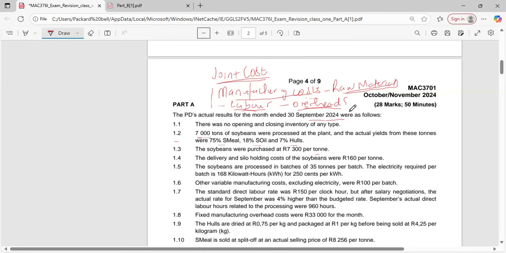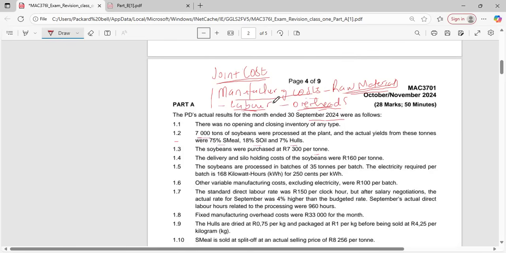Sometimes if you check in our notes, where we say conversion cost, we put our labor and overheads. Those are part of the conversion cost. Then the material is the raw material. I don't know if it is clear. Okay, no, I get you. Thank you. This is very important when you are answering your questions.